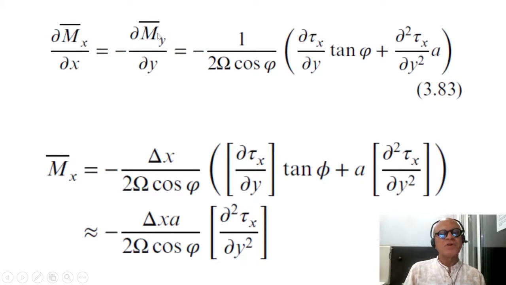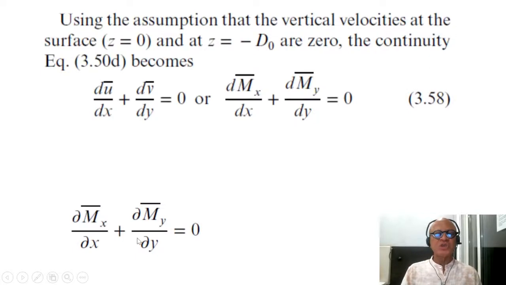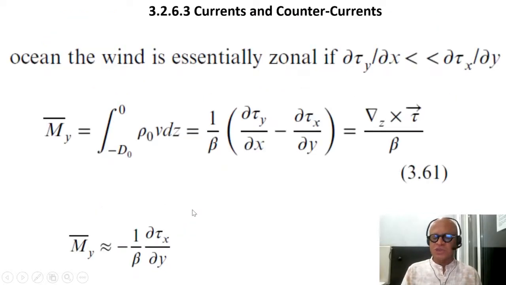So we have beta coming in here. We will write beta as 2 omega cosine phi divided by a, the meridional projection of omega divided by the radius as the approximate derivative. That is written as del tau x del y tan phi plus del squared tau x del y squared a. So that's just simplification of this equation.